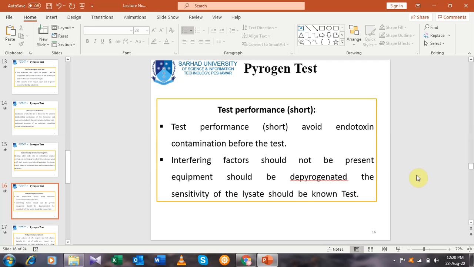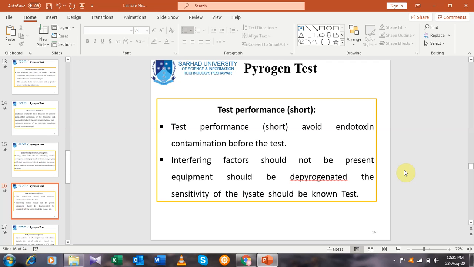That's why we should avoid endotoxin contamination before starting the test, in order to get precise and accurate results. Interfering factors should not be present. Those factors which interfere with the test performance may make the results inaccurate and imprecise, so they should not be present.